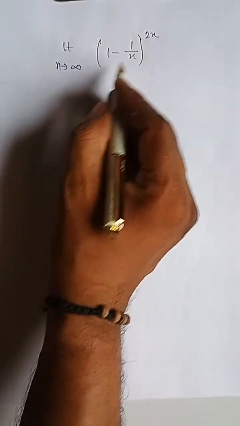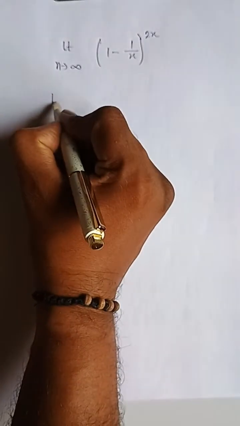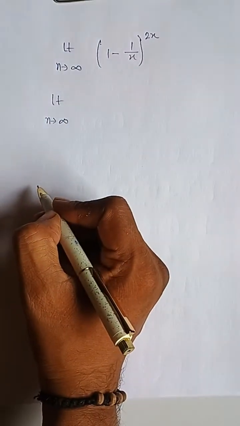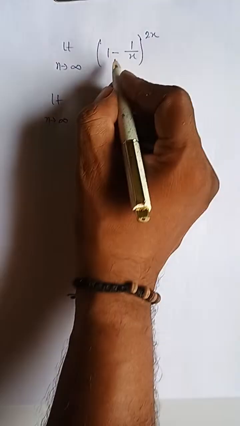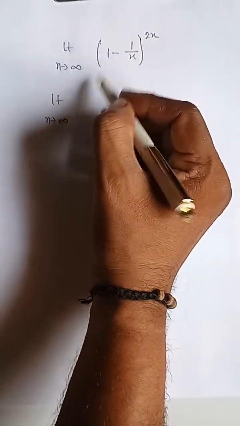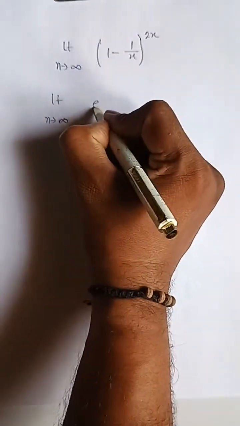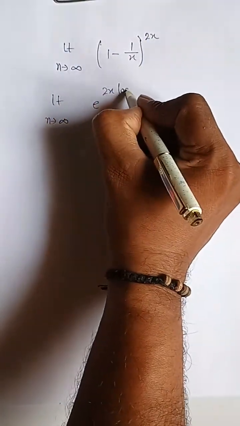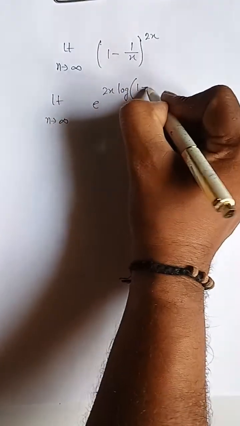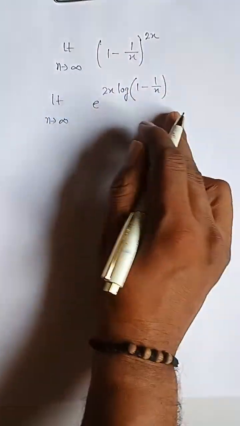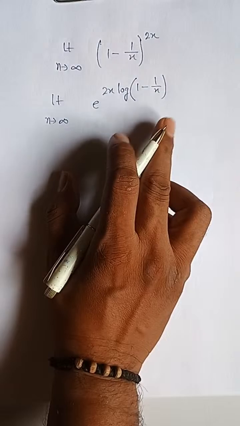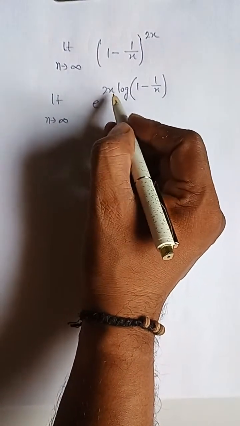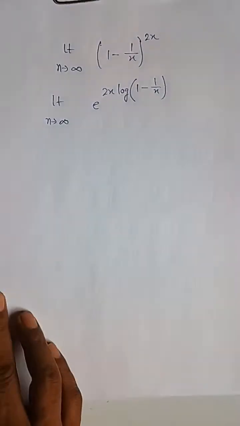So then we can write this as limit n tends to infinity, and we have here a to the power x. So this is e^x. So this variable is 2x log, and this is 1 minus 1 by x over here. Now, this is the variable I need to solve.